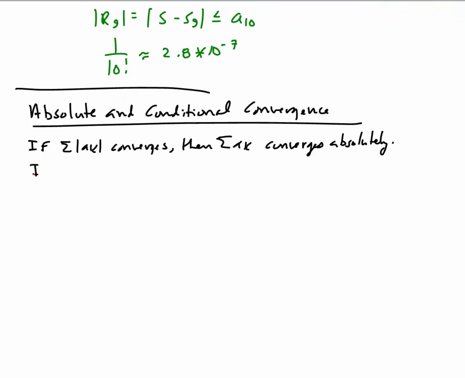Also, if the series absolute value diverges, and I have to have one more criterion here, and the series itself converges, then the series itself, not the absolute value, converges conditionally.